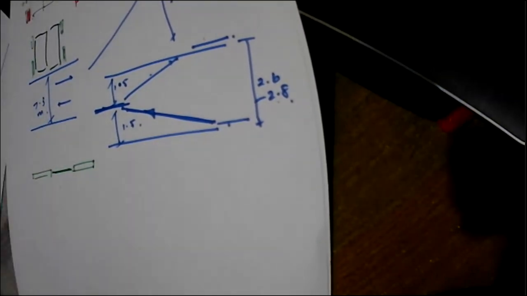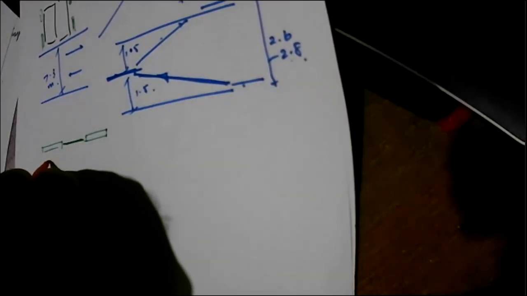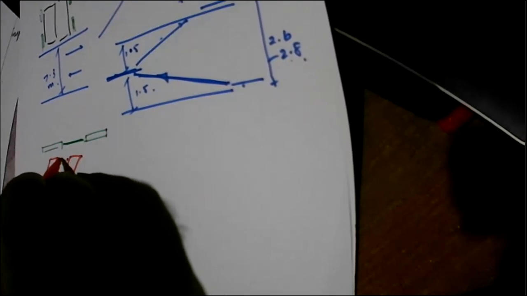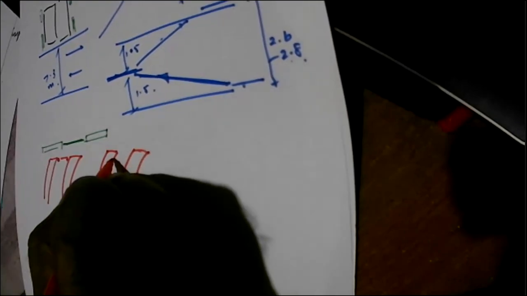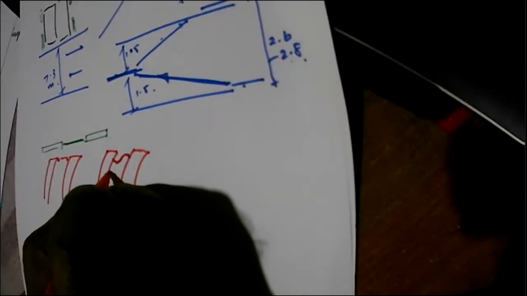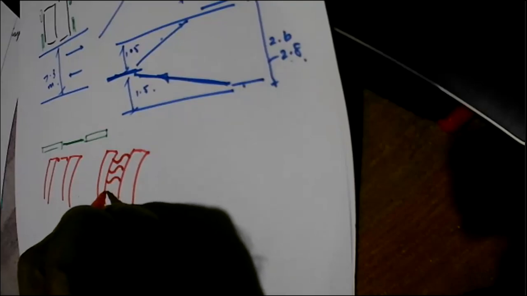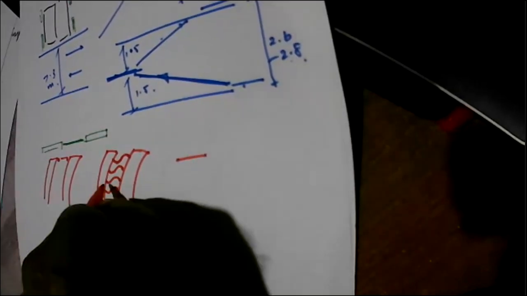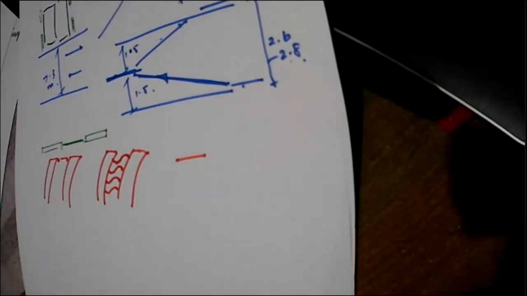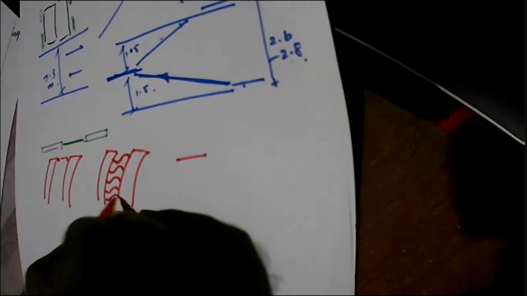What actually happens is, if there is no connection, just a pin connection, then all these walls will behave independently. But when you connect it with a beam, then the beam deforms, and at each floor level there's a beam that deforms like this. Originally the beam is horizontal, but due to the deformation of the walls, these will deform.